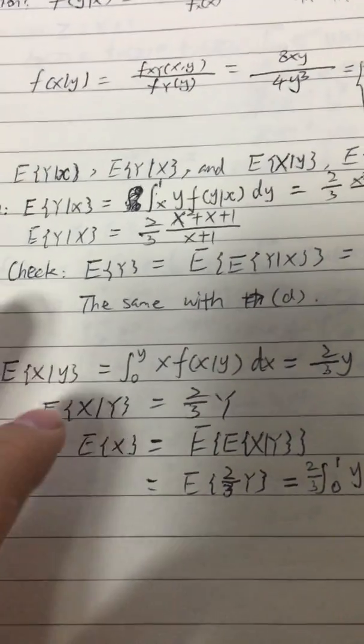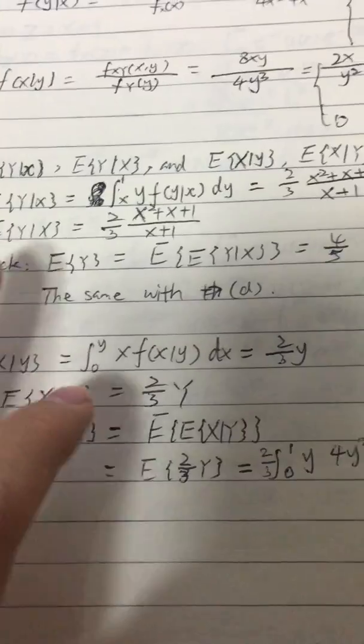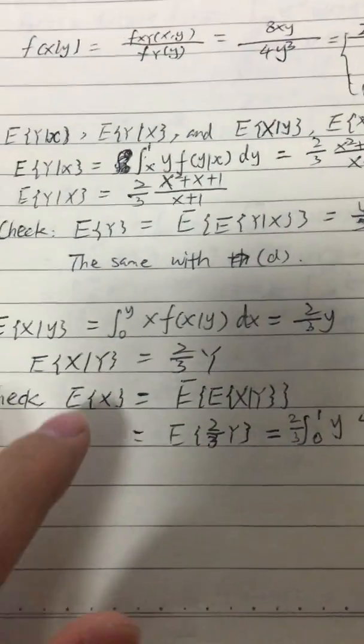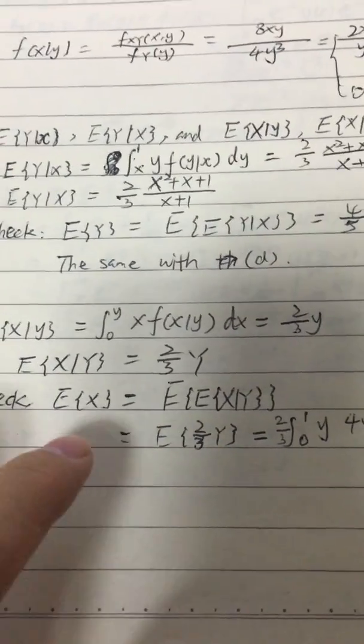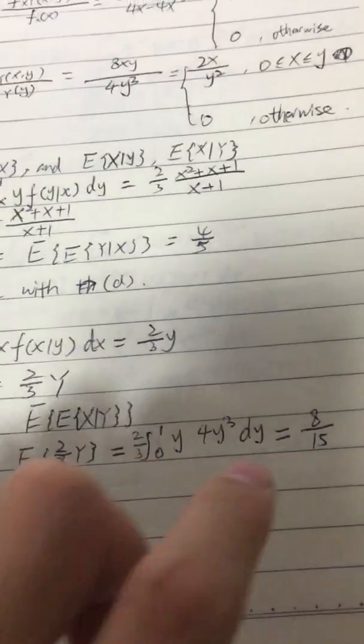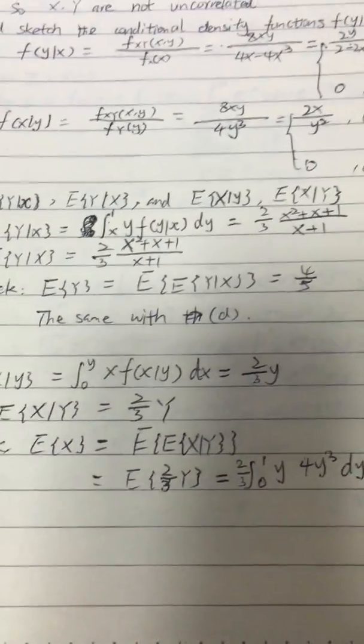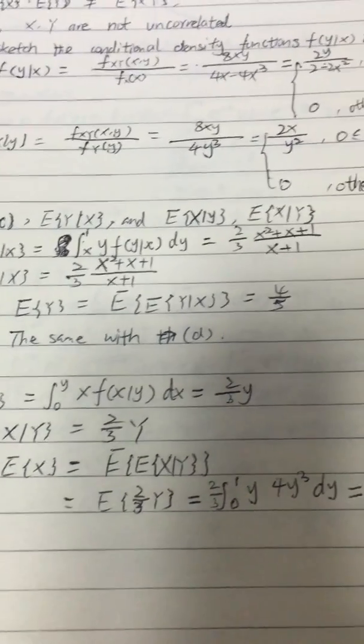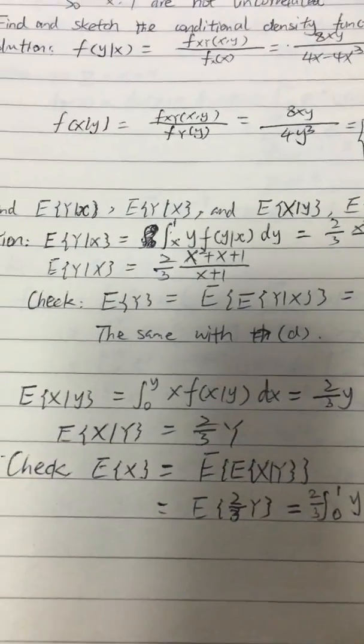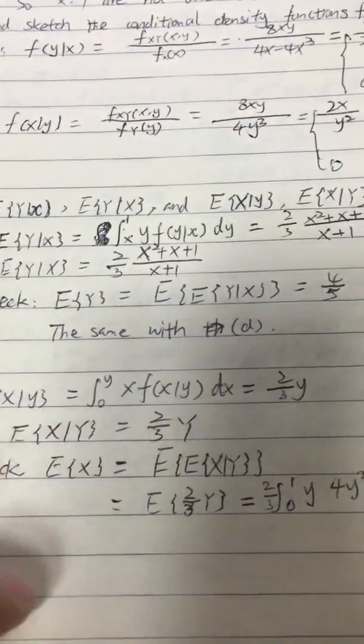And similarly, we can get ex depending on y like this, and then we need to check if this is the same as the value before, and the result is yes. So we can say that this is the correct answer.